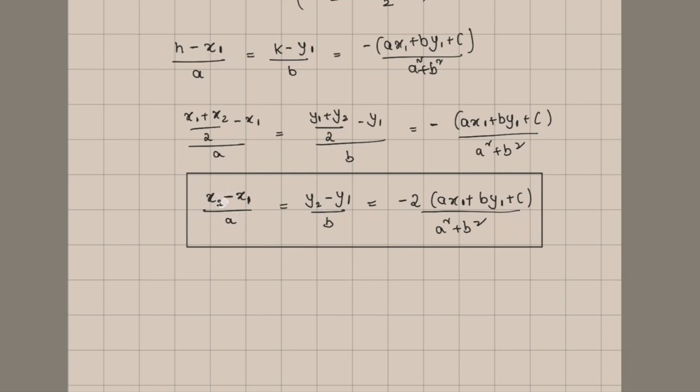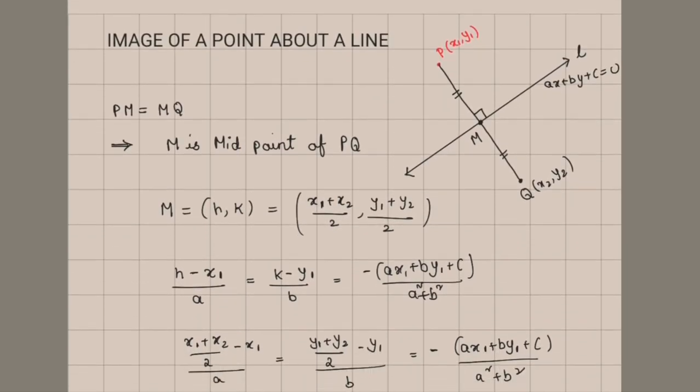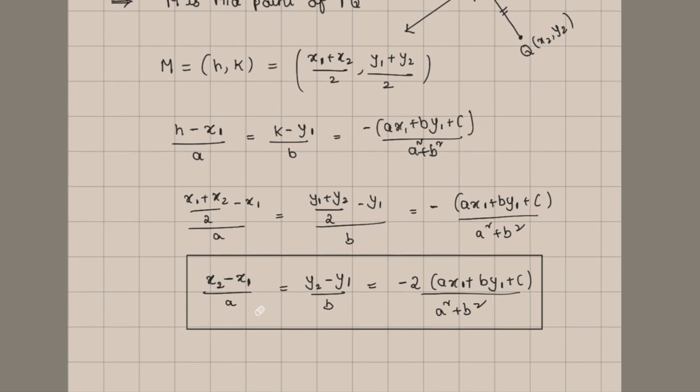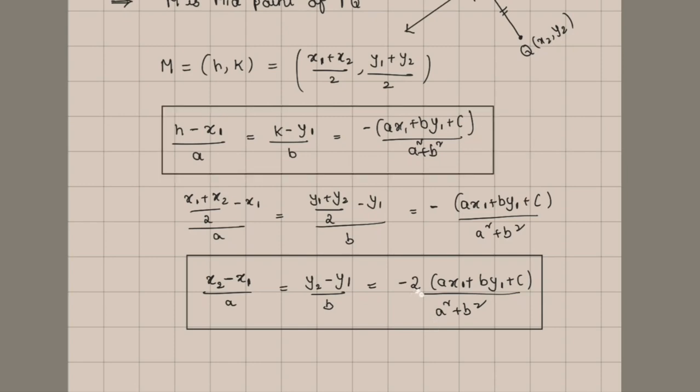If you solve these two equations, x2 minus x1 by a equals this constant and y2 minus y1 by b equals this constant, you get the point x2 comma y2, which is the image of point P. See, this equation and the foot of the perpendicular equation look so similar. You just get a factor of 2 here and everything else is the same. H comma k is the foot of the perpendicular, and this is the image.